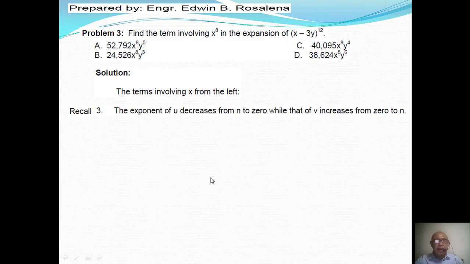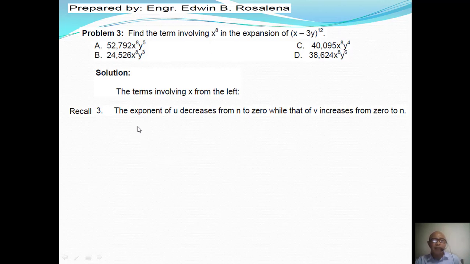Okay. So, we can recall the property. Diba? The exponent of u decreases from n to 0, while that of v increases from 0 to n. Okay. So, again, huwag mo lang i-consider muna yung v. Kasi yung v na 3y, hindi naman included dito. X to the 8 yung hinahanap.